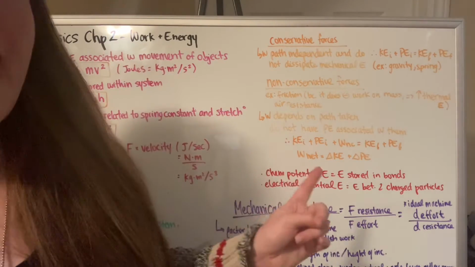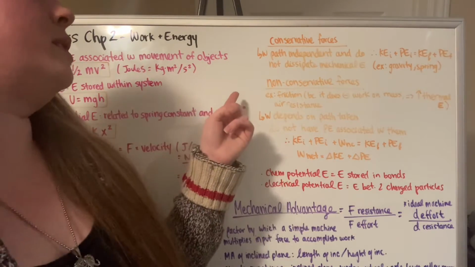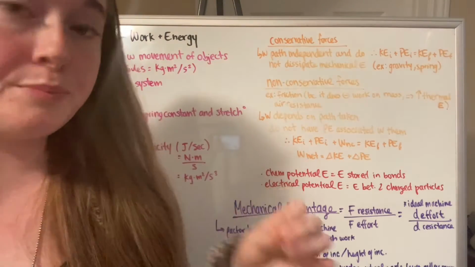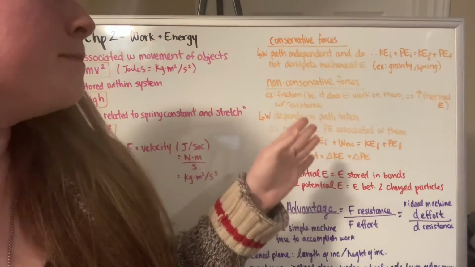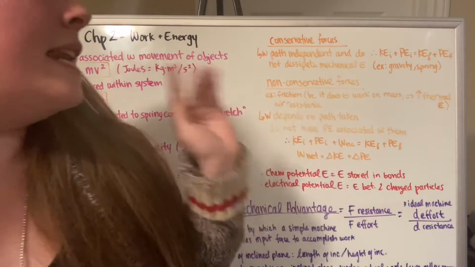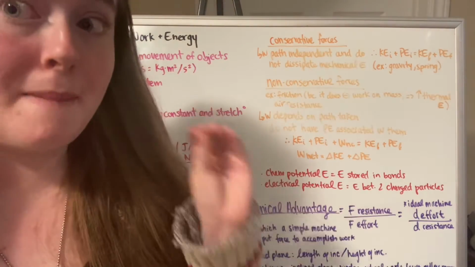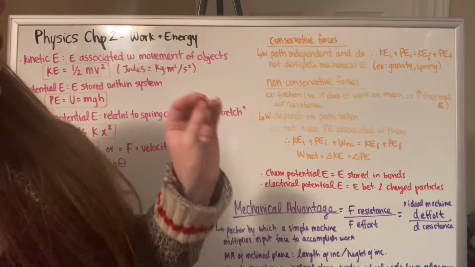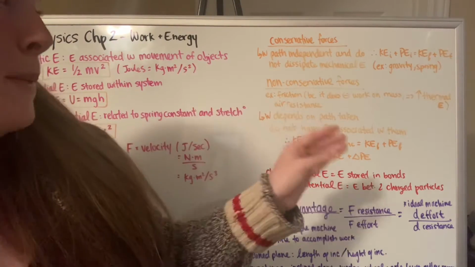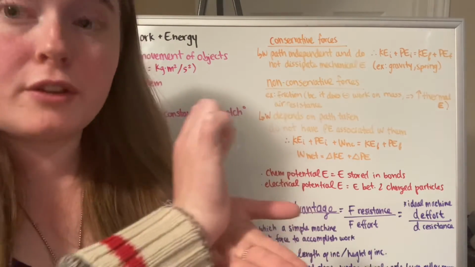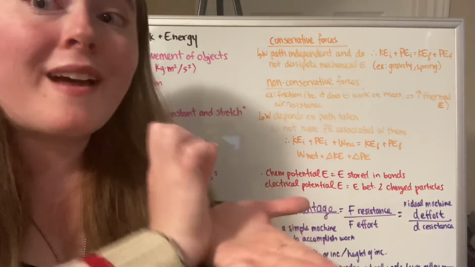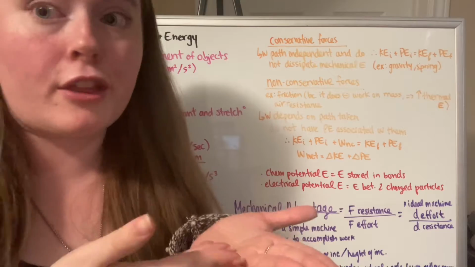But then we also have non-conservative forces, for example, friction. And friction is a non-conservative force because it does negative work on the mass. For example, if you're gliding something across the surface, and there's friction that occurs, that friction is actually creating thermal energy.